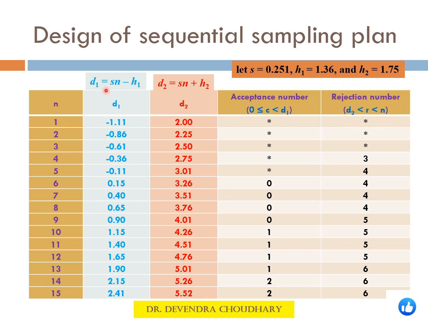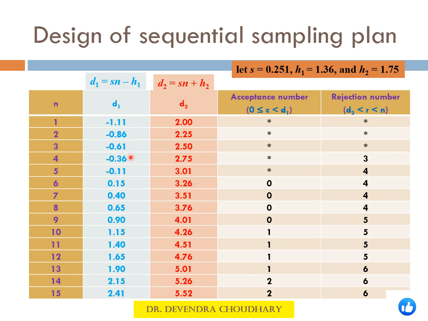So when we put the values of S, H1 and H2 and vary the number of items inspected, we get values of D1 and D2. We put the S value from here, n value from this side, and H1 and H2 from these values. Now you see that D1 should be a whole number below this.